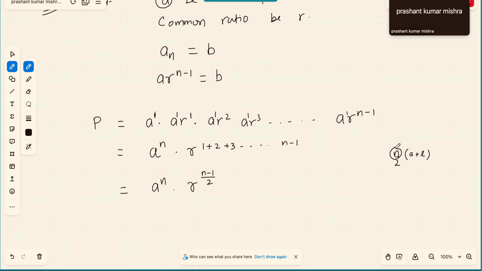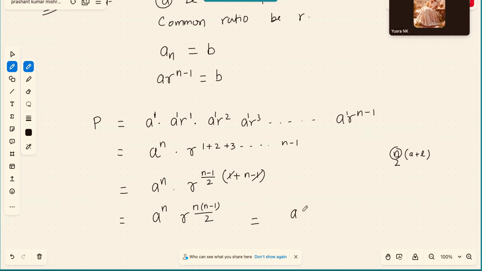Here the number of terms is n minus 1, the first term is 1 and the last term is n minus 1. So this is A raised to the power n, R raised to the power n times n minus 1 upon 2. Now this can be written as A R raised to n minus 1 by 2, whole raised to n.